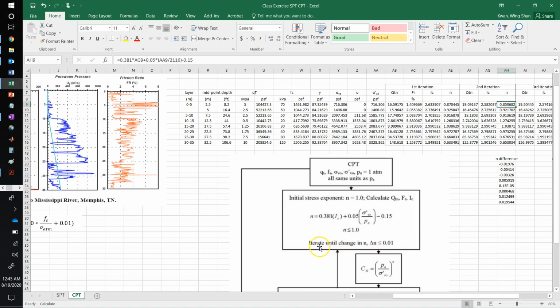This procedure tells us we need to keep iterating until the difference between the n values is less than 0.01. So I check the difference of n between my second and first iterations, until the difference between iterations is less than 0.01.